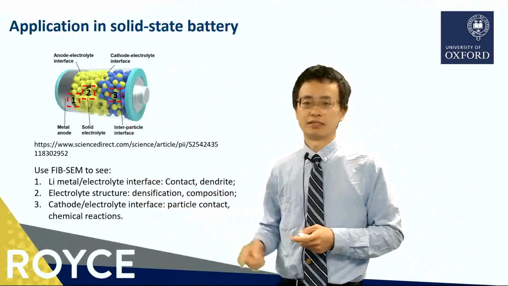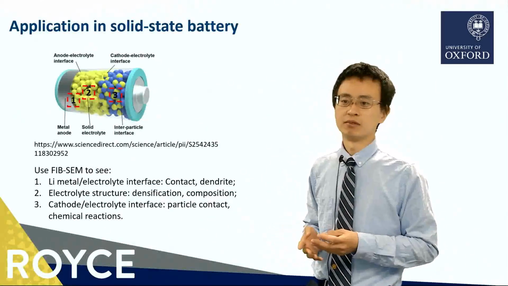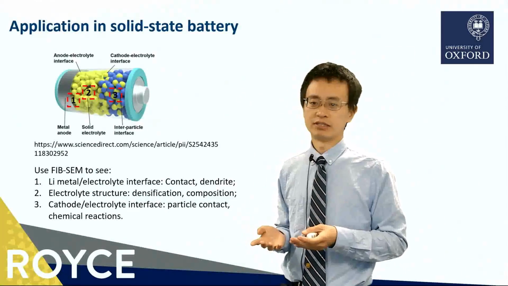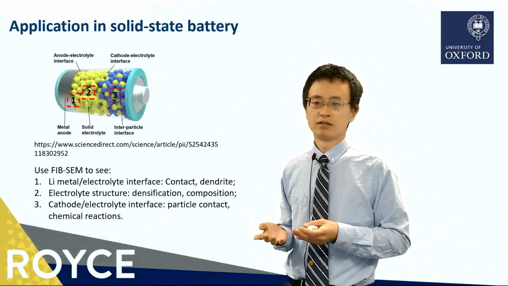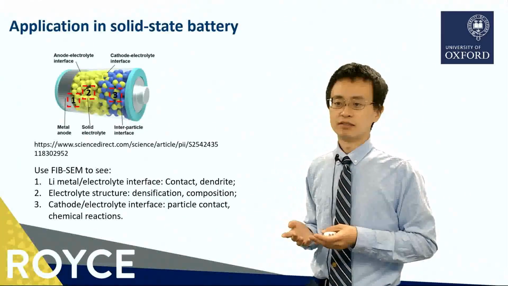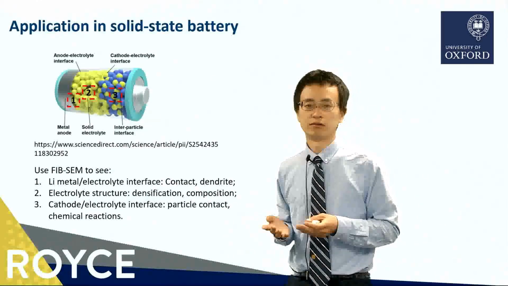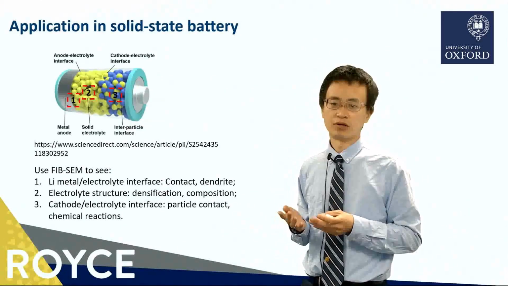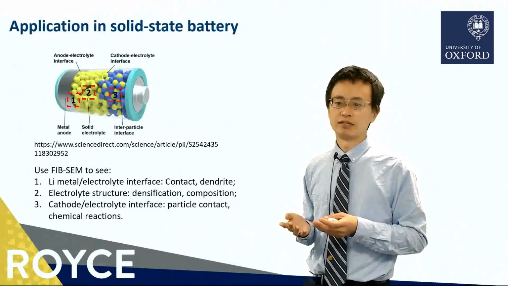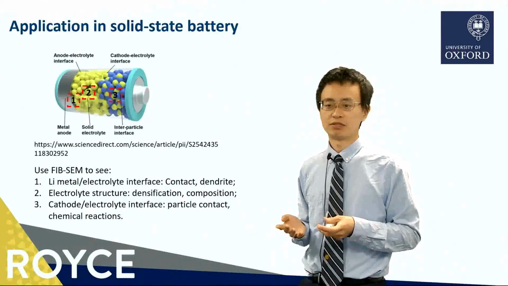My interesting point is how to test the interface properties by the FIB SEM. We use FIB SEM to see first the lithium metal to solid electrolyte interface to see the contact and the dendrite issue. Second, the electrolyte itself, the electrolyte structure, including its densification, the pores, and the composition of the electrolyte. Third is the cathode to electrolyte interface, including the particle contact and chemical reactions.